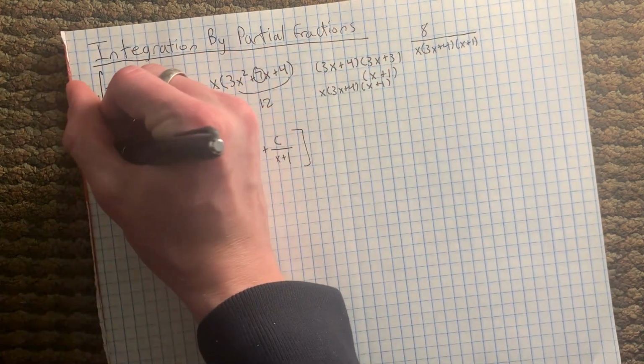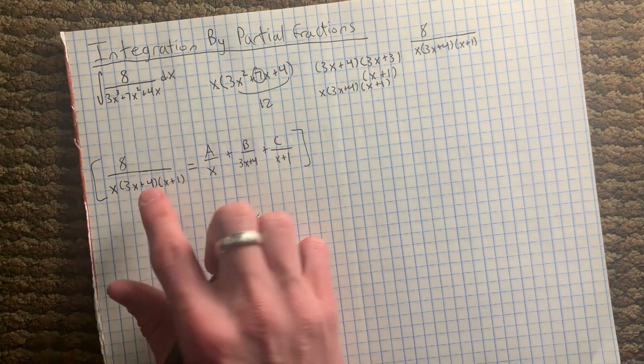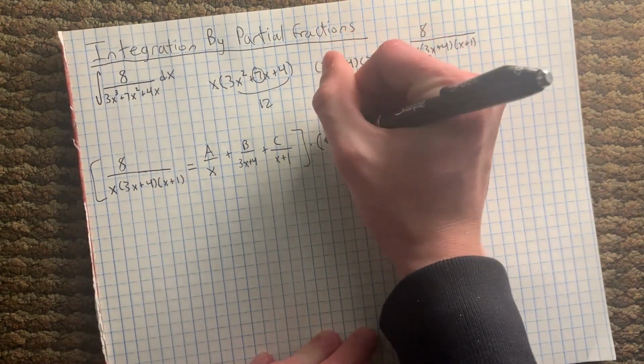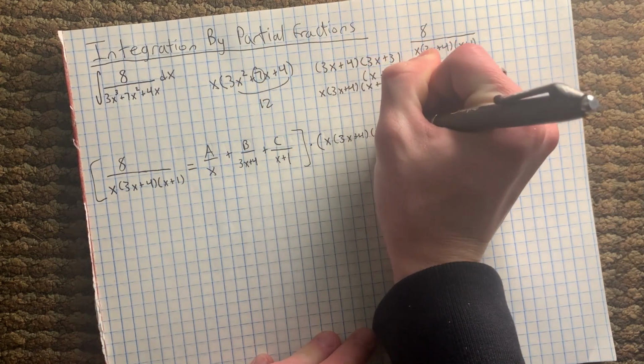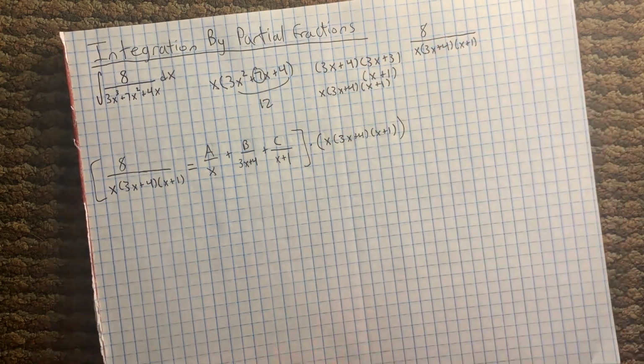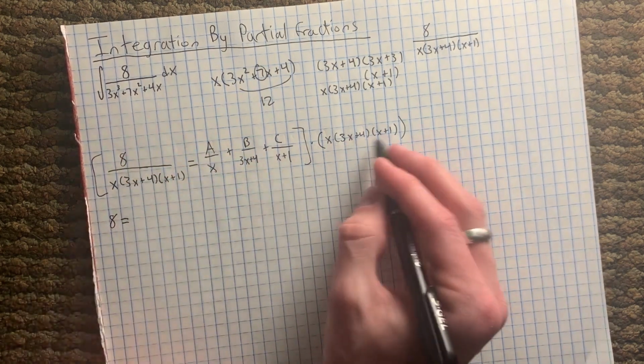In order to do this, we want to multiply everything here by this denominator. So this left side will cancel out. From this, we get 8 on the left, since all this cancels out.